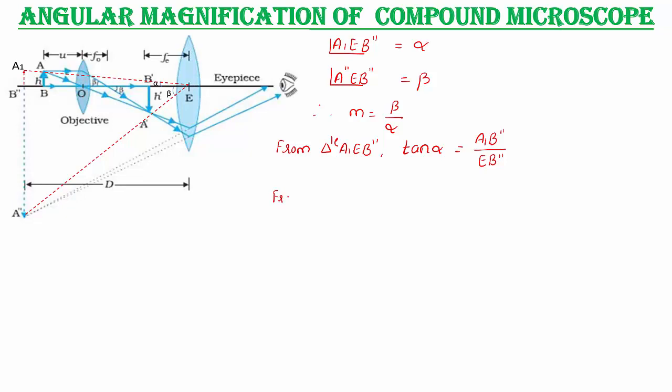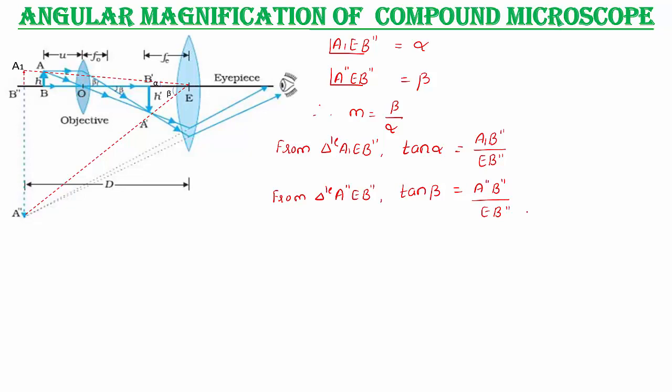Similarly, from the triangle A double dash EB double dash, we can write the value of tan beta. So tan beta will be how much here? Opposite side is A double dash B double dash divided by adjacent side EB double dash.